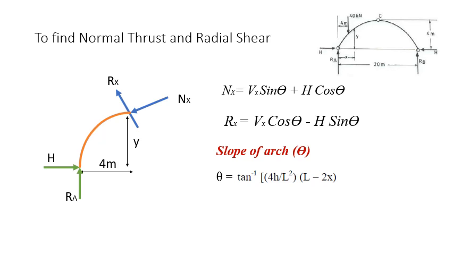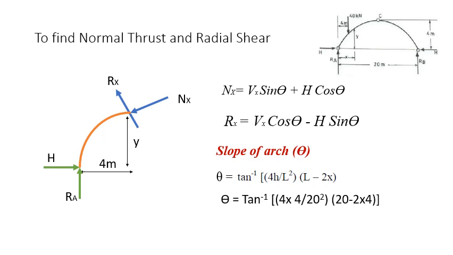So in order to find these two, the radial shear and the normal thrust, we should know the value of theta. So by differentiating the equation y is equal to 4h by L square into x into L minus x, we get this equation. Theta is equal to tan inverse 4h by L square into L minus 2x.